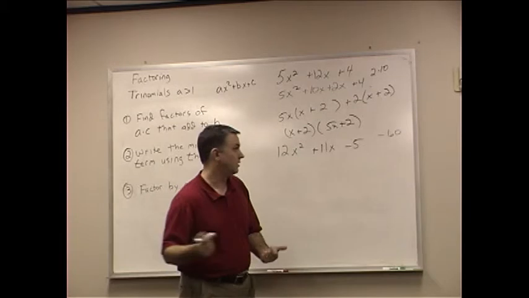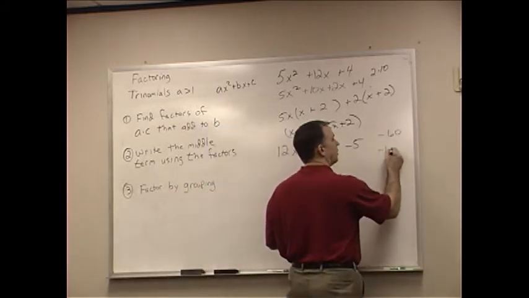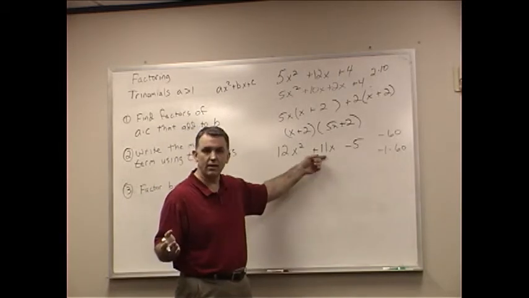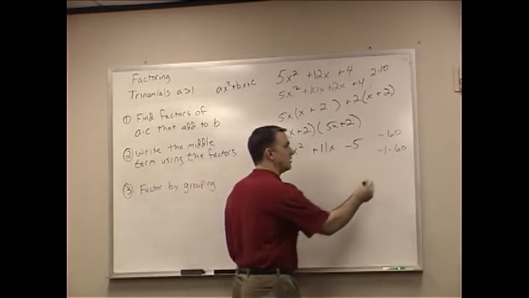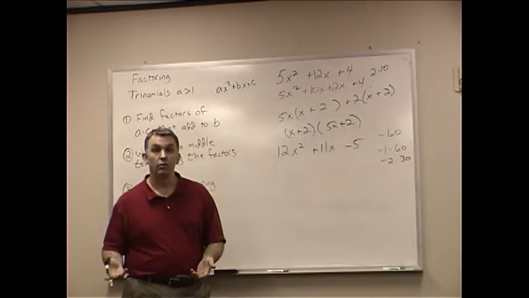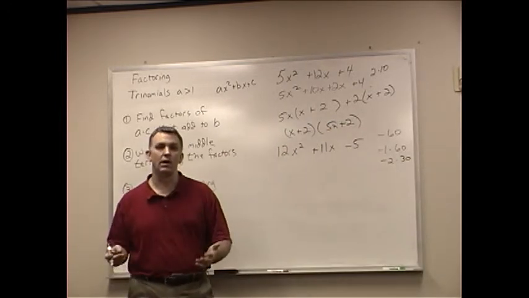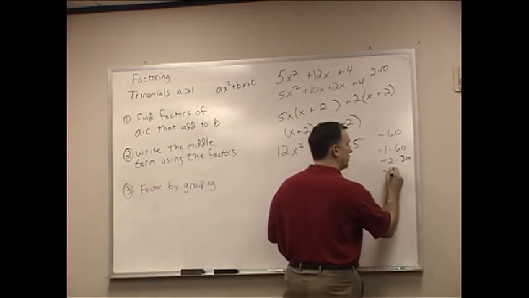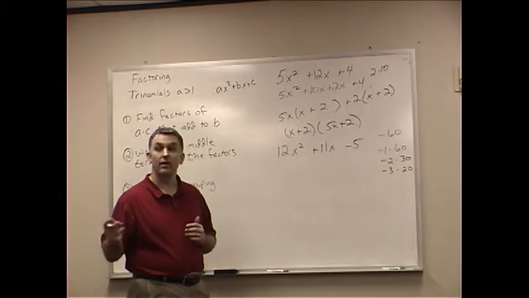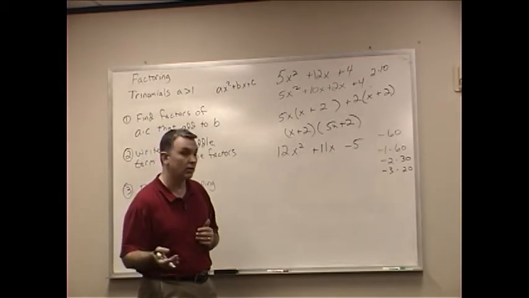I start listing. All right, -1 times 60. Well, it multiplies to be -60. Not even close. It's positive 59. -2 times 30. Not close, but we're getting closer. It's -28 when you add those. -3 times 20. Well, that's 17. We're getting closer.